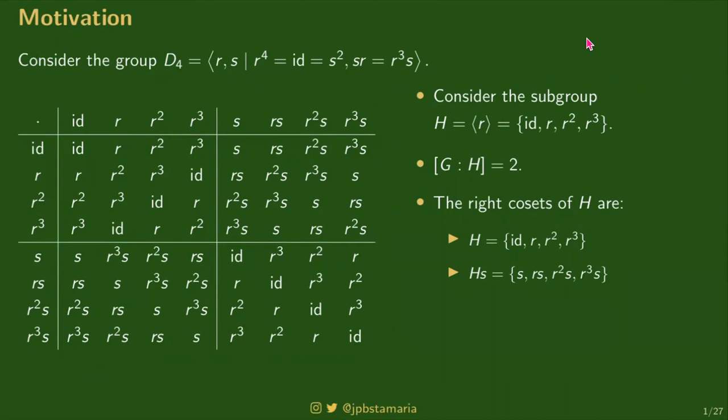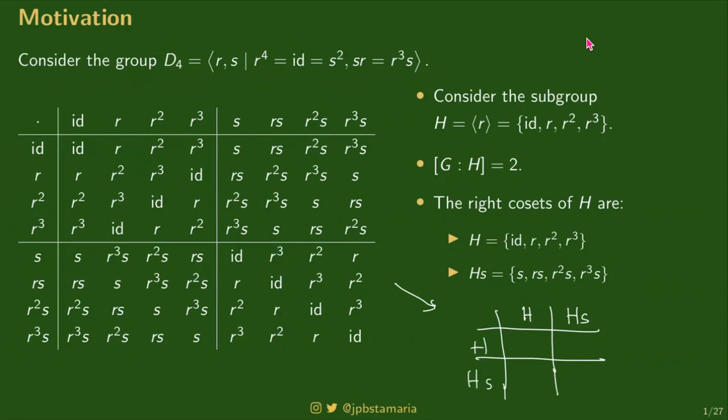What I want to say in this context is that the group table can be collapsed into a simpler table. Here is H, here is HS, here is H, here is HS.